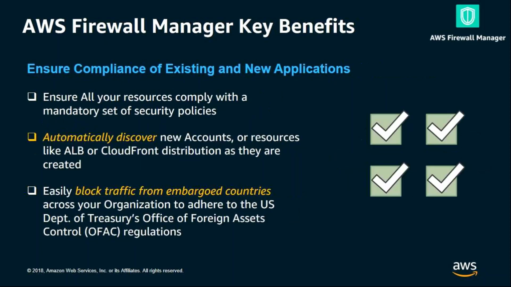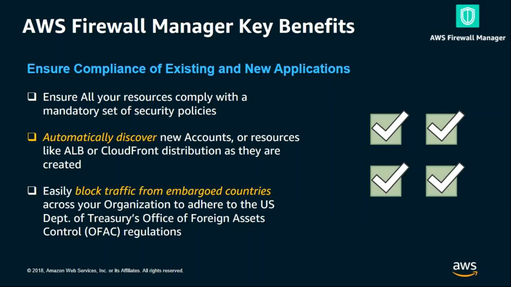The second benefit is ensuring compliance of existing and new applications. As I was talking about earlier, often in a large organization there are new applications created all the time, and it's easy for application owners to either intentionally or inadvertently change the application architecture. That means there are new ALBs created all the time, or some applications use CloudFront distributions, or some use API Gateway and so on.